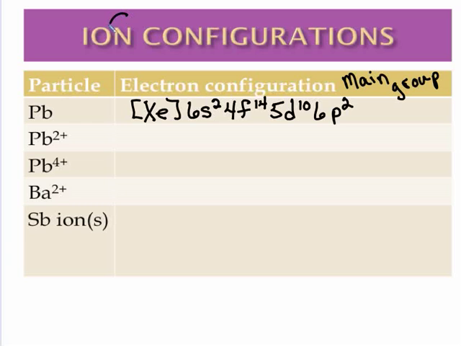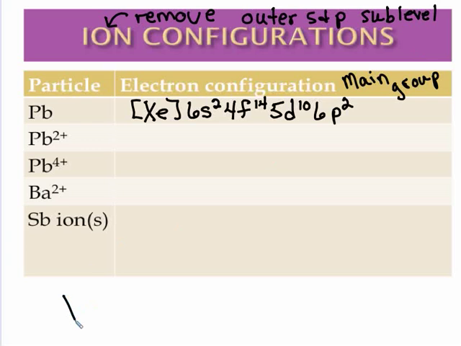Now, when we make ions, when we remove electrons, we'll be removing from the outer s and p sublevels because they're furthest away. So the furthest away are the most likely to be removed, or really to be attracted to another nucleus is truly what's happening. Remember, it all comes down to attractive and repulsive forces.